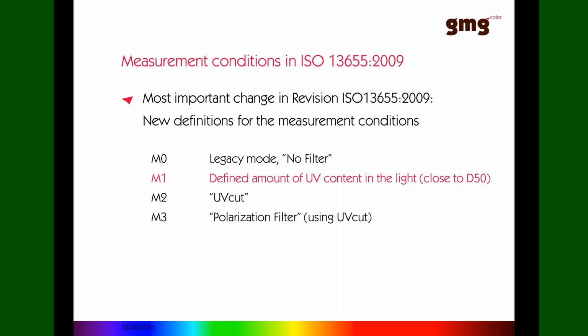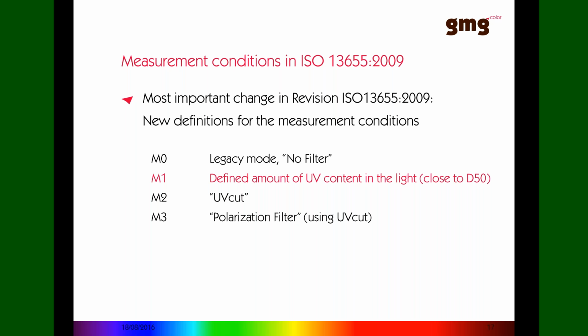It's oriented highly on the daylight, and the M1 measurement condition now also has a defined amount of UV content that shall be in the light source, very close to what we have outside in the daylight and inside our viewing booths that we are using. So that's very good.